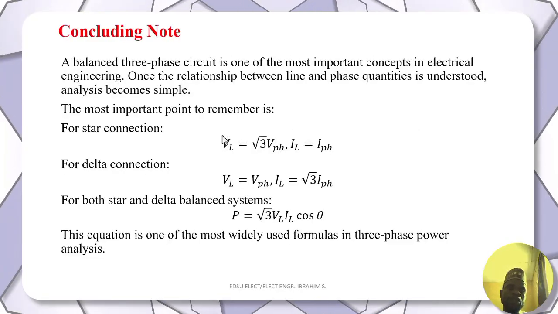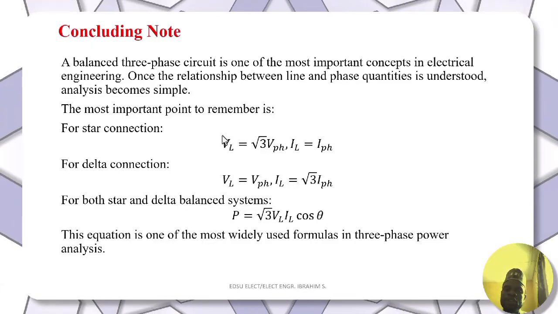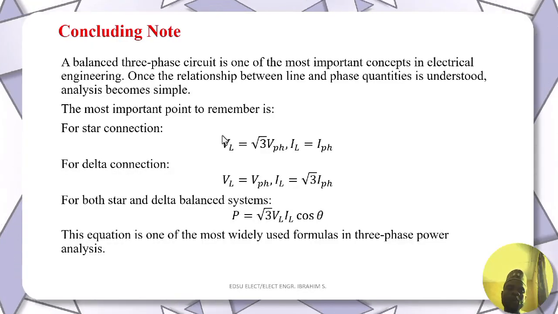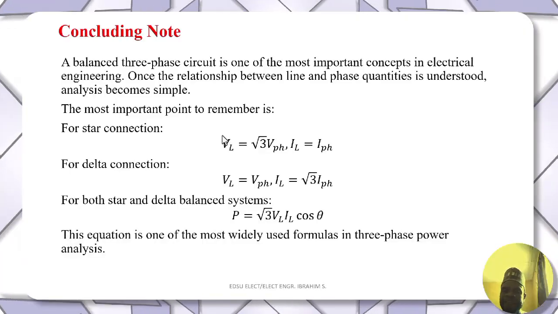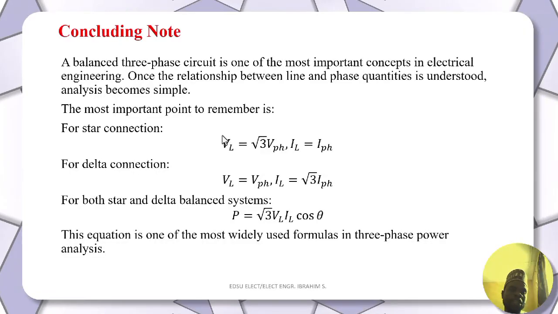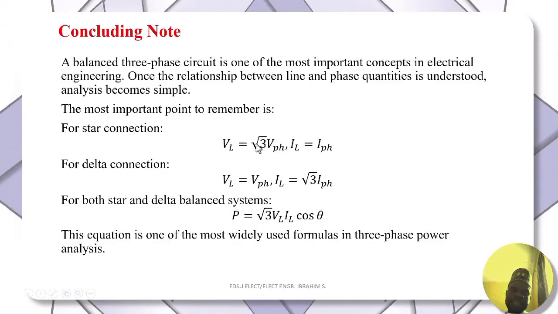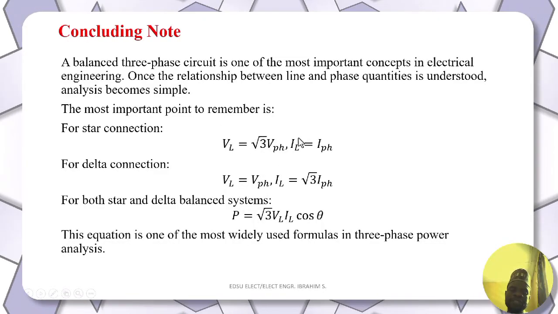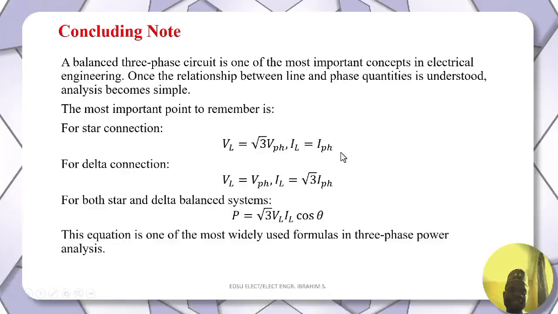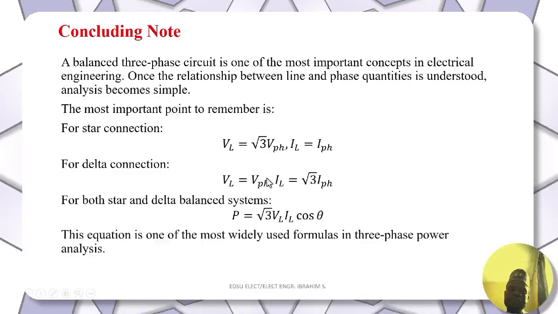So, concluding note: a balanced three-phase circuit is one of the most important concepts in electrical engineering. Once the relationship between line and phase quantities is understood, analysis becomes simple. The most important point to remember is that for star connection, our V line is root 3 V phase, while our I line and our I phase are the same. For delta connection, our V line and our V phase are the same.